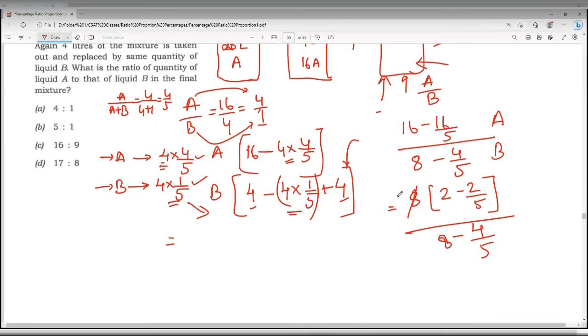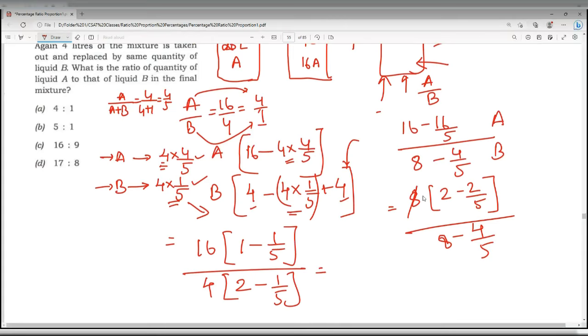Let us correct it. So if I take 16 common, it should be 1 minus 1 by 5. And if I take 4 common, this would be 2 minus 1 by 5. This is 16 into 5 minus 1, 4 by 5.